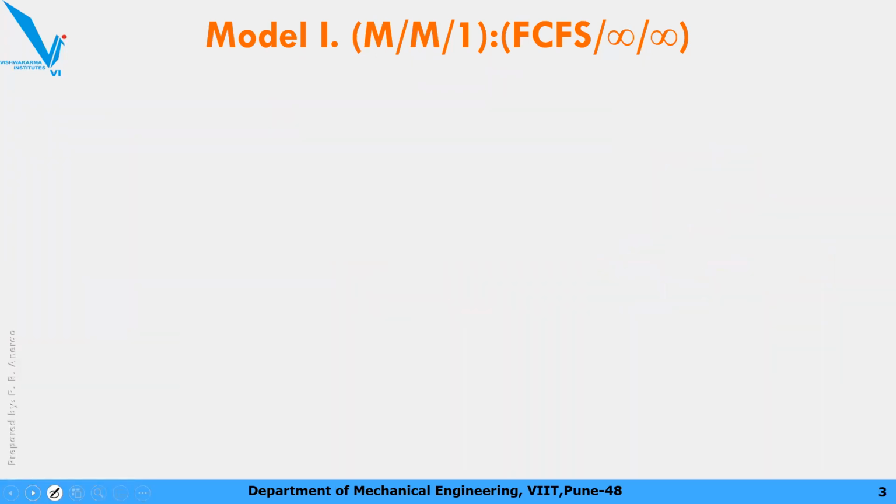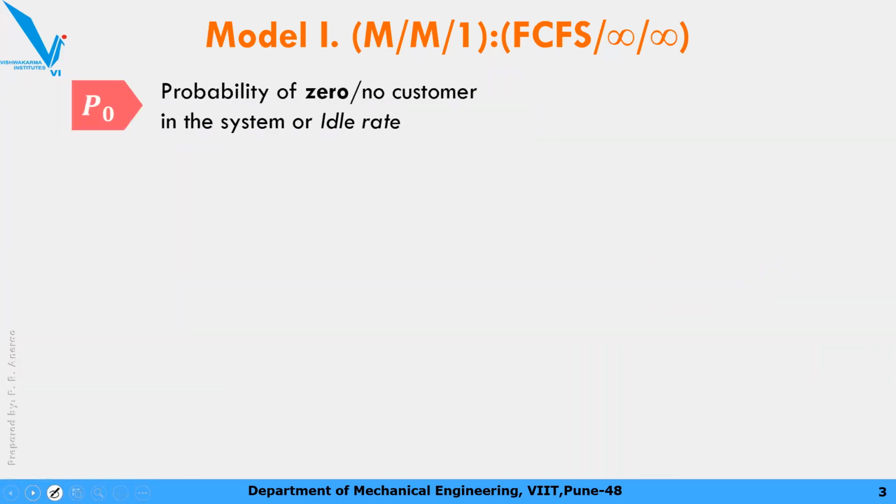Now we will just go through the formulas. Next, formula P0. P0 stands for probability of no customer in the system or zero customers in the system. It is also known as idle rate. कि भाई सिस्टम में कितनी प्रोबेबिलिटी है कि आपका सर्वर आइडल होगा, कोई नहीं है, उसकी प्रोबेबिलिटी क्या है. Okay, so that probability is calculated by 1 minus rho.